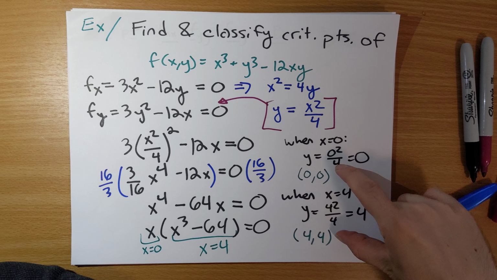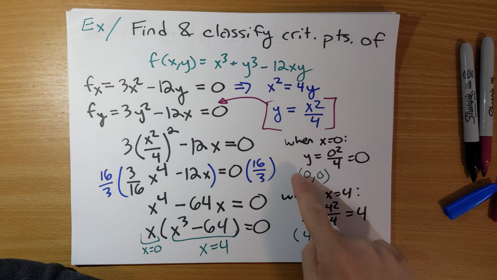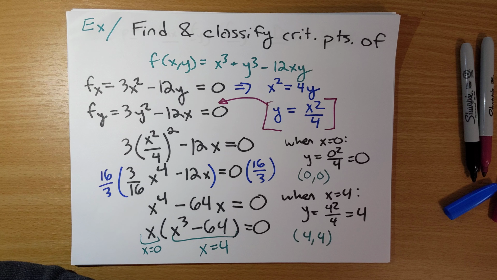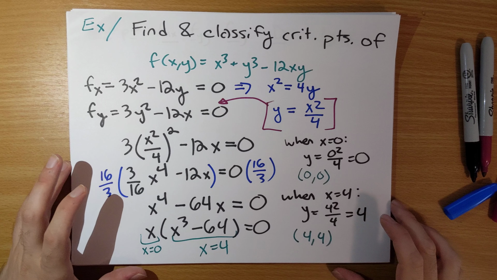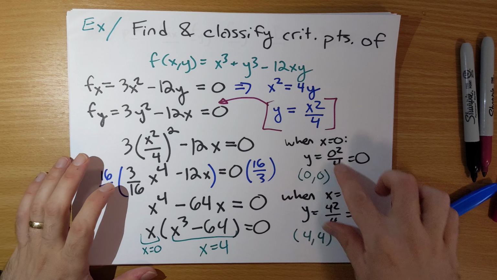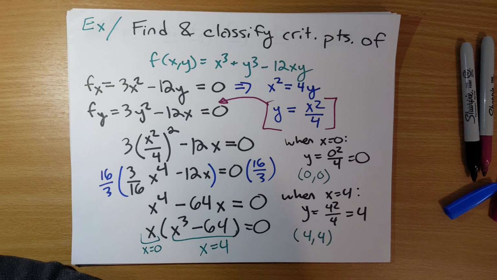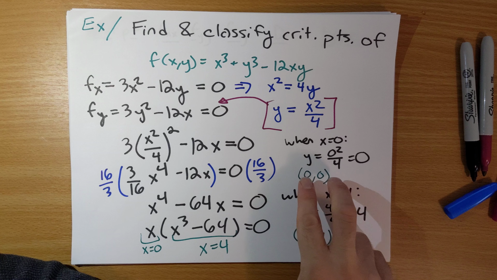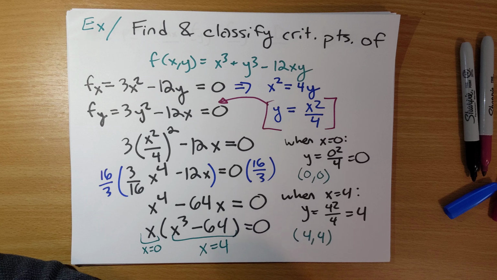So there are 2 critical points here, (0, 0) and (4, 4). And by the way, these are the only allowable critical points. Sometimes people slip up here and say, oh, x can be 0 or 4, y can be 0 or 4. So in addition to (0, 0) and (4, 4), some people add (0, 4) and (4, 0).